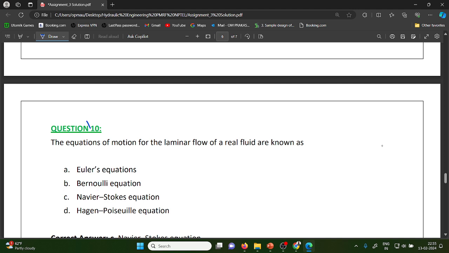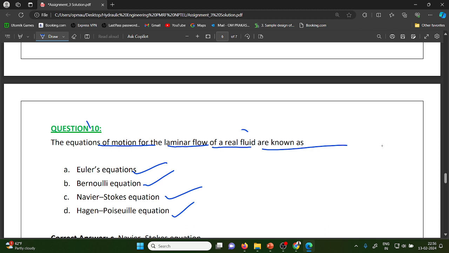Question number 10: the equation of motion for the laminar flow of real fluid is known as Euler, Bernoulli's, Navier, or Hazen-Poiseuille.